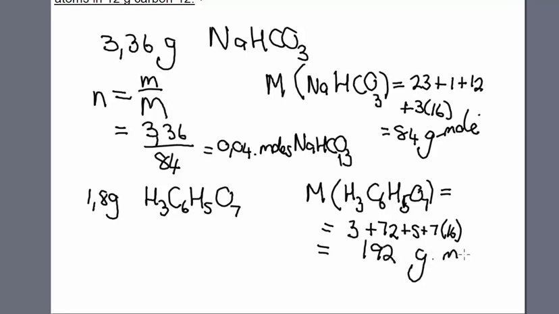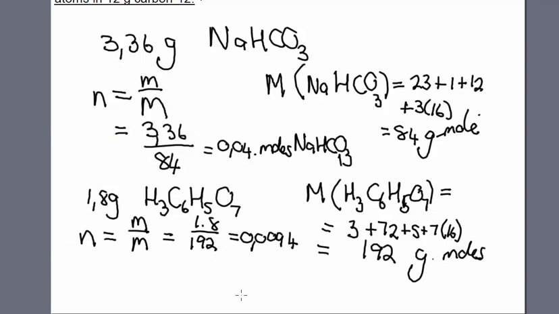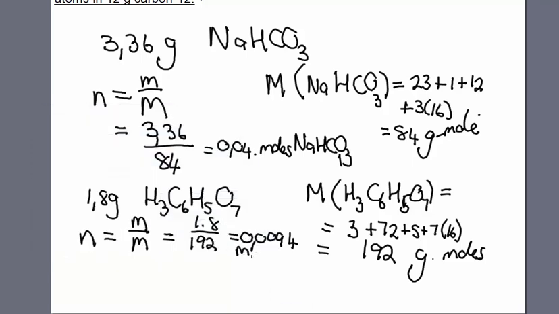Let's calculate how many moles we have. n equals mass over molar mass, which equals 1,8 divided by 192. This gives me 0,0094 moles.